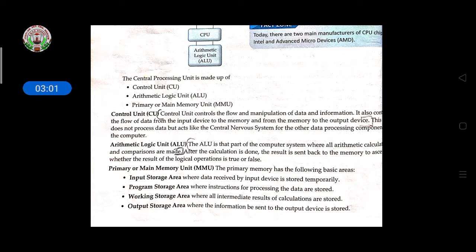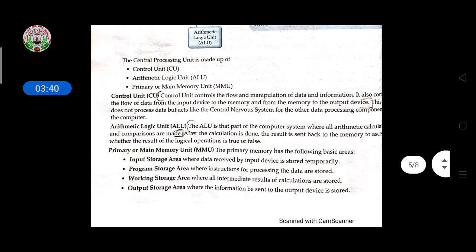It means it takes the responsibility of the flow: it takes the data from the input device, decides where the data should be stored, and how to show the output through the output device. It does the work according to the time and the performance, and it is known as the central nervous system of the data processing components.